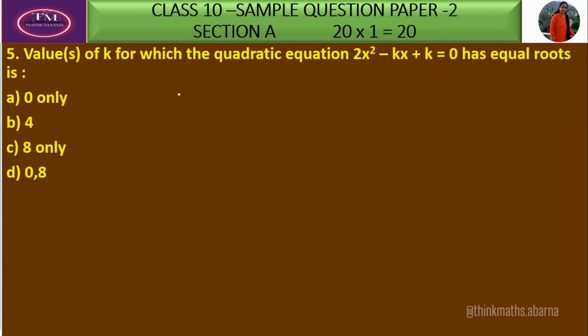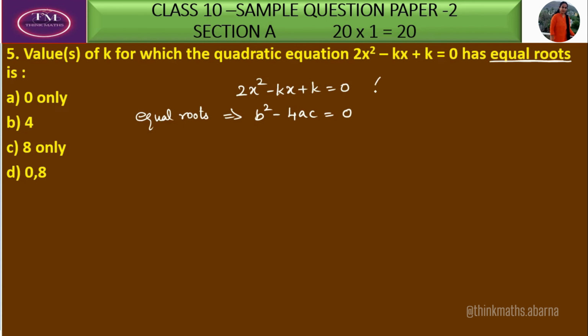So let us check that. Now here it is given that 2x square minus kx plus k equal to 0. So this equation has equal roots. So equal roots means the discriminant b square minus 4ac will be equal to 0.